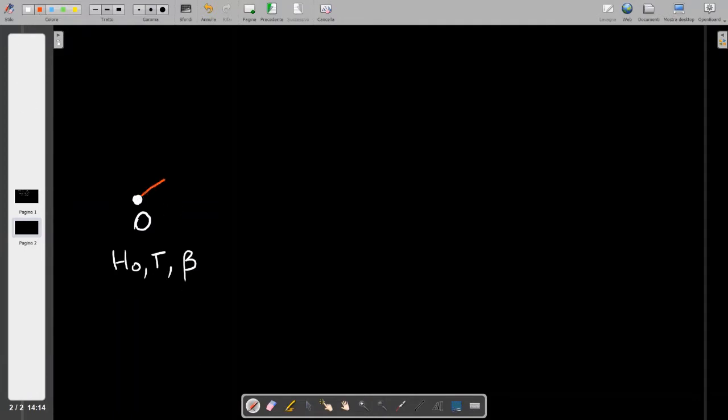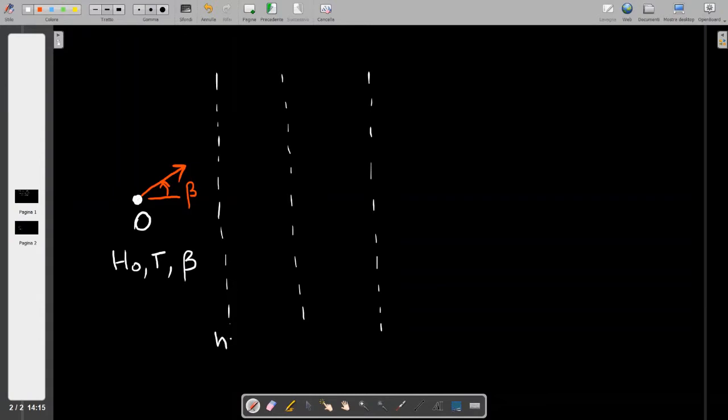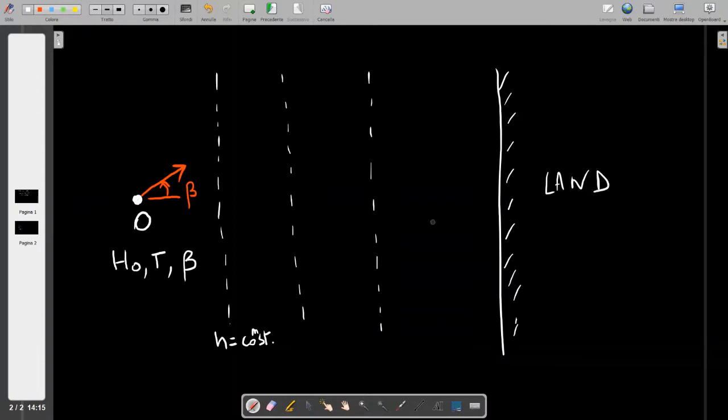In this point we have the angle of propagation with respect to the bathymetric lines. These dashed lines represent the bathymetric lines, along which the water depth is constant, and somewhere here we have the shoreline. This is the land and this is the sea.